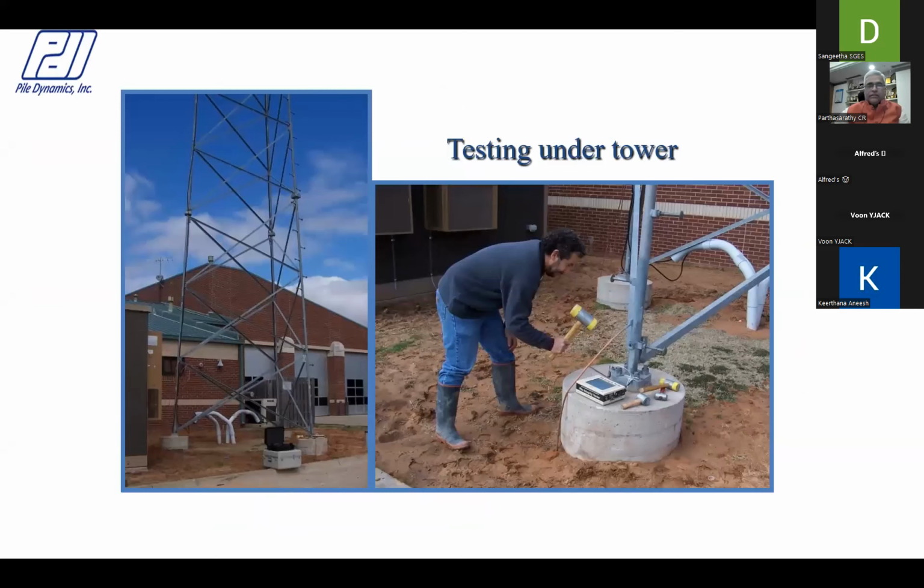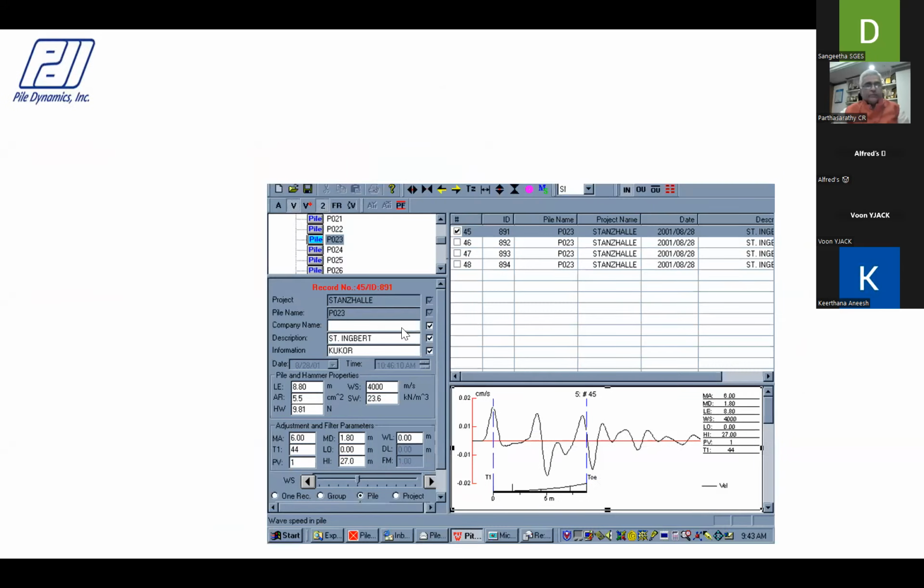Some data sets were from testing under a tower. You see the velocity time history, a huge positive response just before the toe response, indicating serious defects in the foundation element.